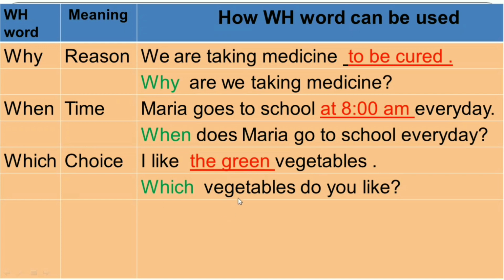Then vegetables. Which vegetables? Then there is no auxiliary verb, so you have to take do, does, did. As the verb is in the present tense, you have to take do or does. As there is no s, you have to take do. So which vegetable do? Instead of I, you have to take you, and the present form of the main verb, like. Then question mark. Which vegetable do you like?